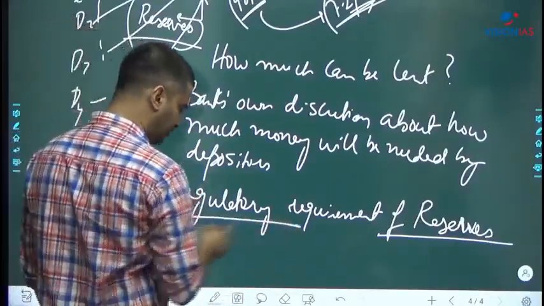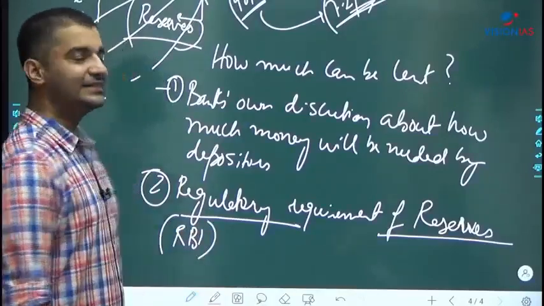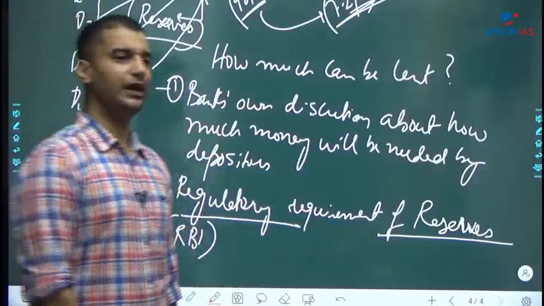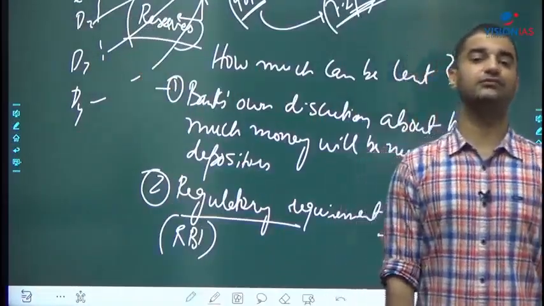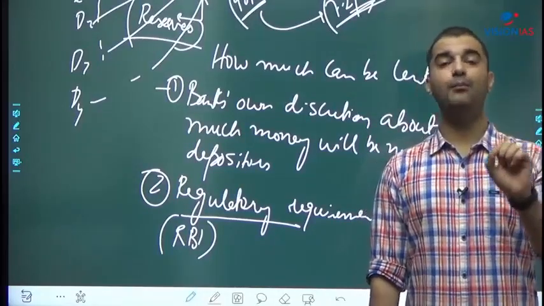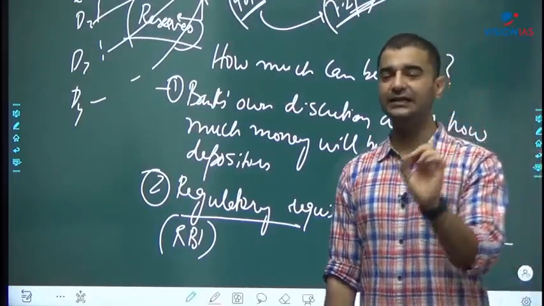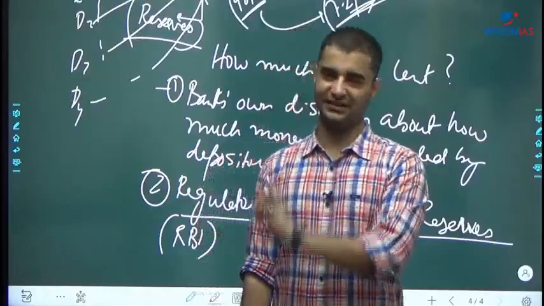The regulatory authority, that is RBI, in case of India, sets reserve requirements. RBI बोलेगा that there is a reserve requirement that every bank must follow. Meaning that every bank must at all times maintain a certain percentage of their deposits in the form of reserves.